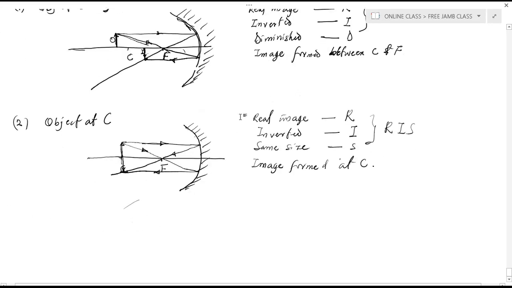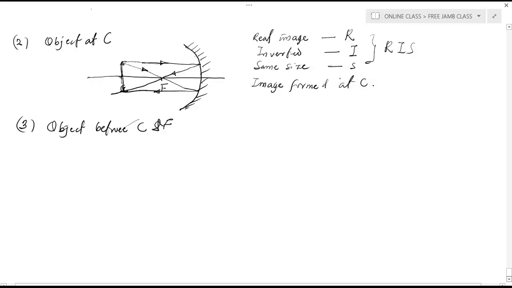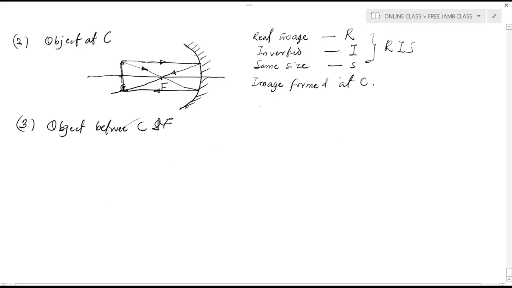The next one, you have less than 8 minutes. Then object between C and F. We have it like this. This is F here, C here.